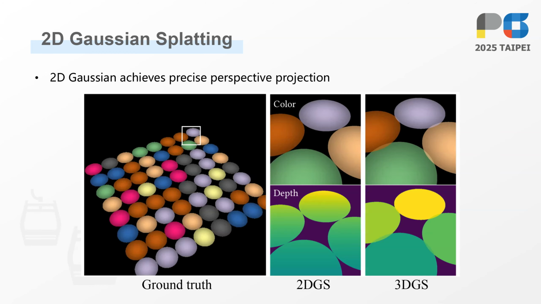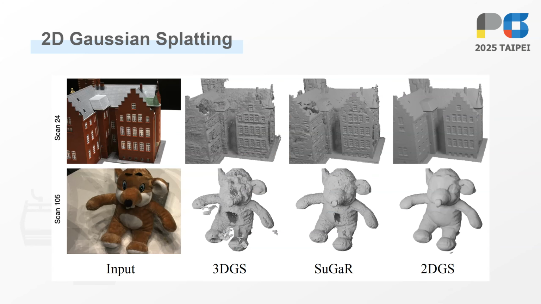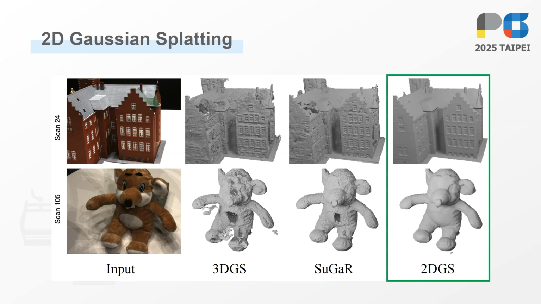During the rasterization stage, it directly computes the precise intersection points between the camera rays and these disks, completely eliminating the perspective distortion caused by affine approximation in 3DGS. By incorporating additional depth and normal regularization terms, this method achieves considerably higher geometric reconstruction quality compared to 3DGS, making it particularly suitable for high-fidelity surface reconstruction tasks.